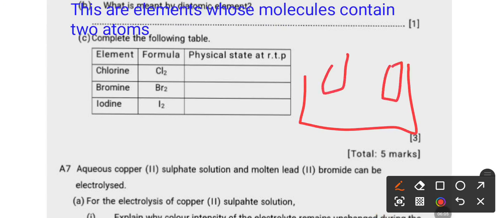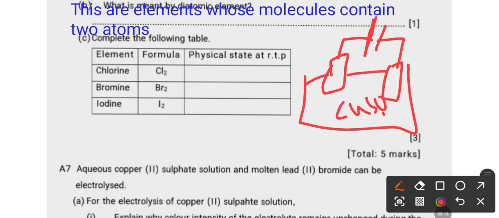for the electrolysis process, they're using copper electrodes, and we know that copper electrodes are active electrodes, meaning that they participate in the electrolysis process.